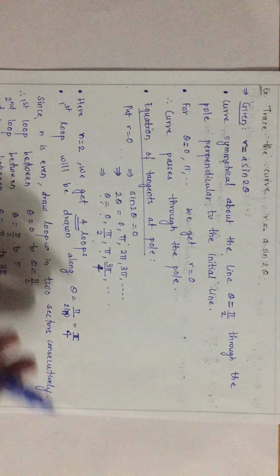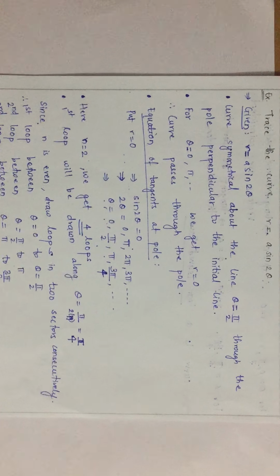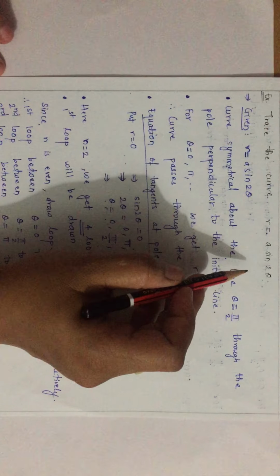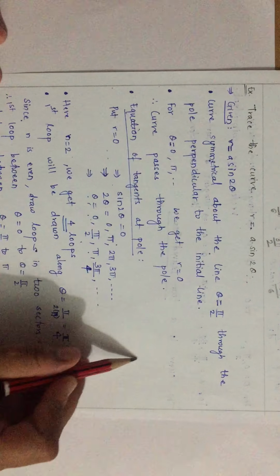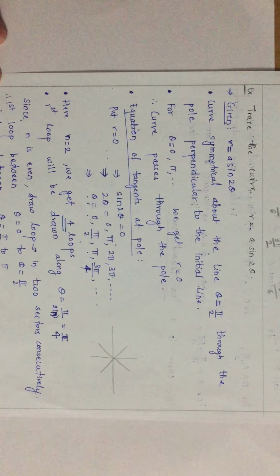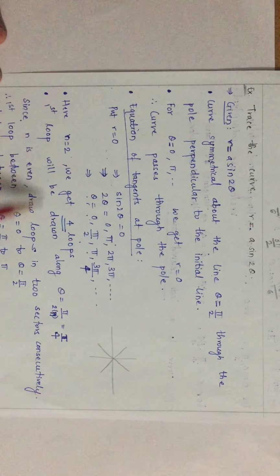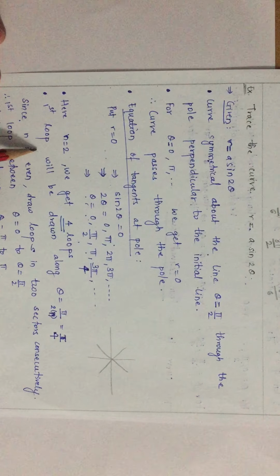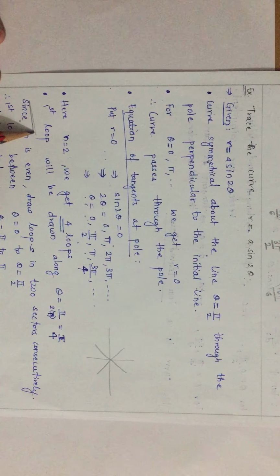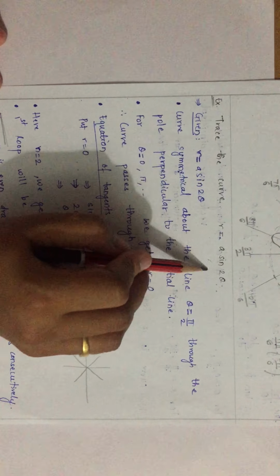Now where will be the first loop? Roughly, if you sketch 4 loops, n equal to 2 means each quadrant will be divided into 2 parts, right? So when it is divided into 2 parts, the first loop will be drawn. How do we decide on which line the first loop will be drawn? That depends on whether the equation is cos n theta or sin n theta.